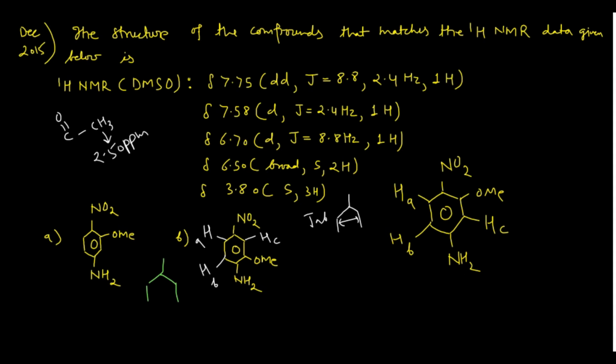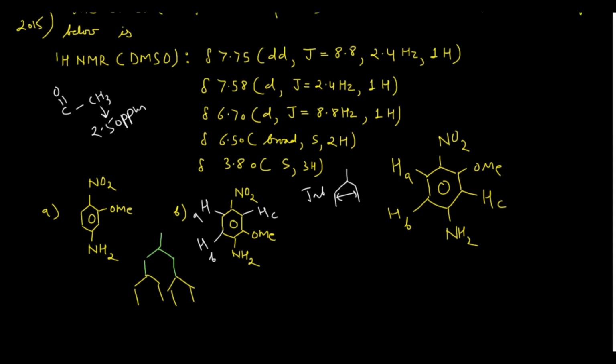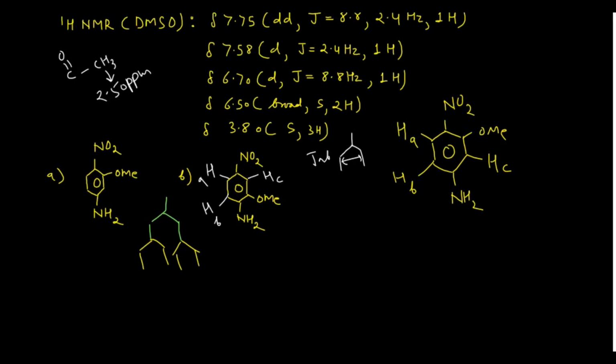This is ortho coupling. But at the meta position you are also having a hydrogen, so this can also couple with this one, and it will again split into a doublet. So you will get a doublet of doublet. And for this doublet of doublet, you will have the pattern like this.